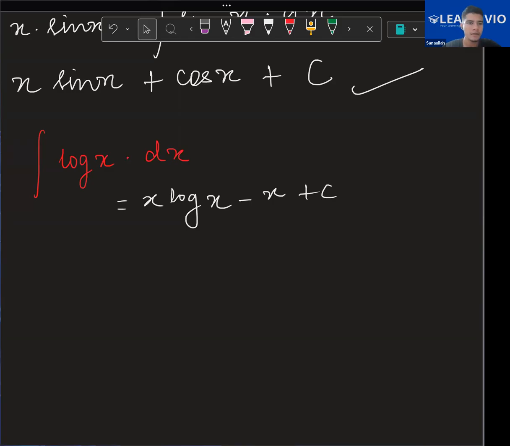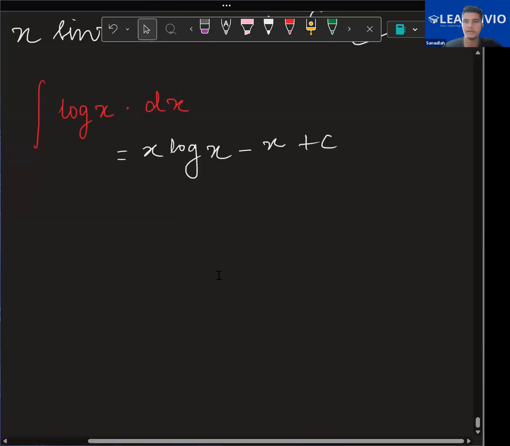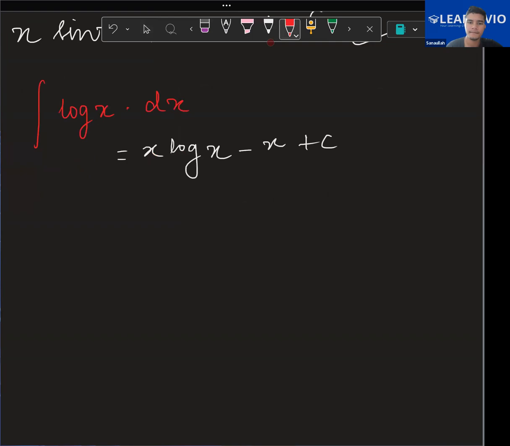Okay, try this question. Integration of e^x sin x. Exponential and trigonometric function.